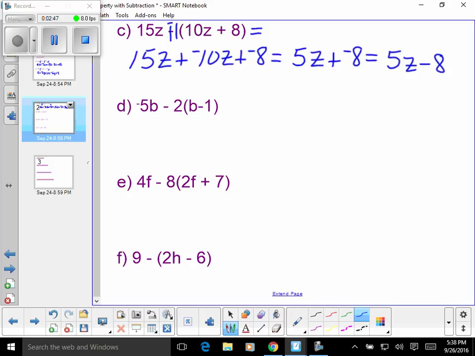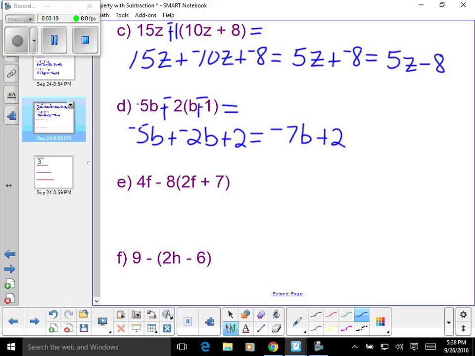You should be able to do D, E, and F. So hit pause to do them, and then I'll go over them. In D, add the opposite, add the opposite. Negative 5b plus negative 2b plus 2 is going to equal negative 7b plus 2.